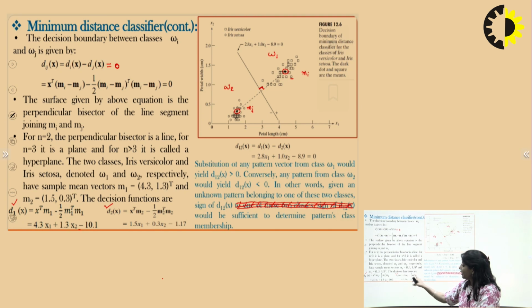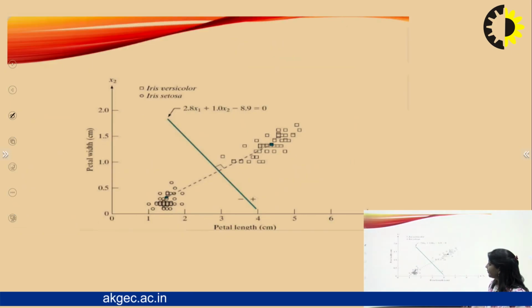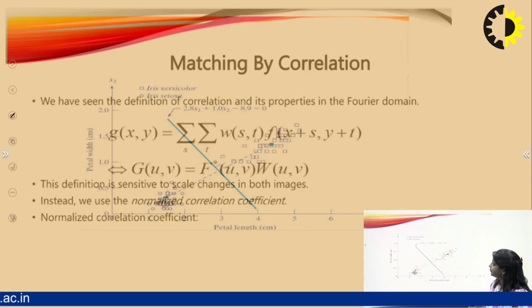Similarly, we calculate the values with respect to this and get this equation. Then the difference of these values should be equal to 0. Find the value of x1 and x2. So whichever is largest, that belongs to that class. So this is the value.